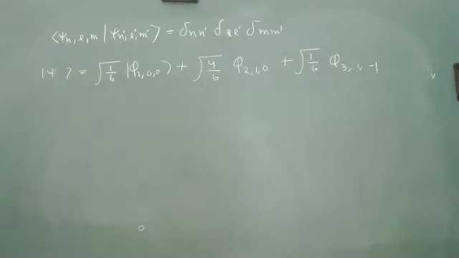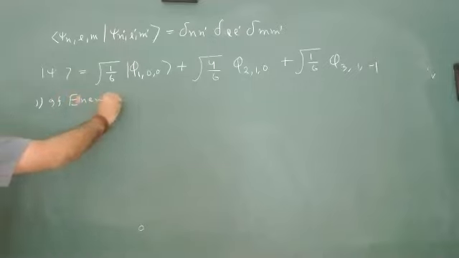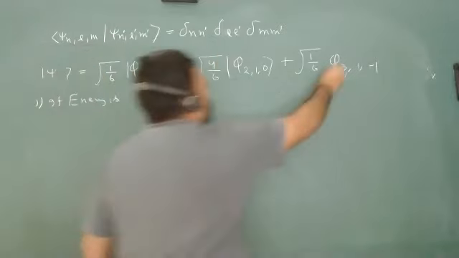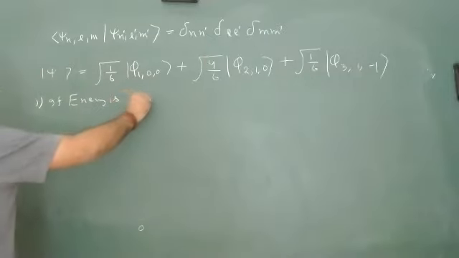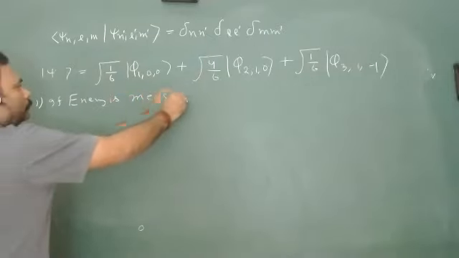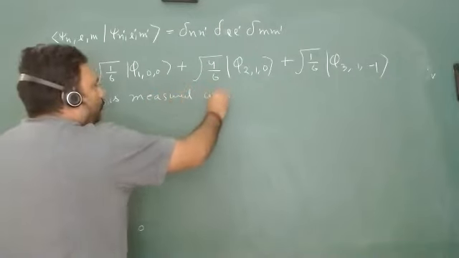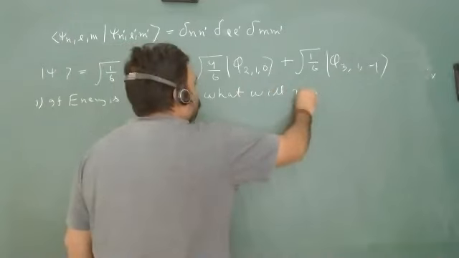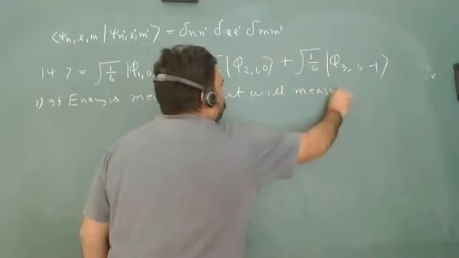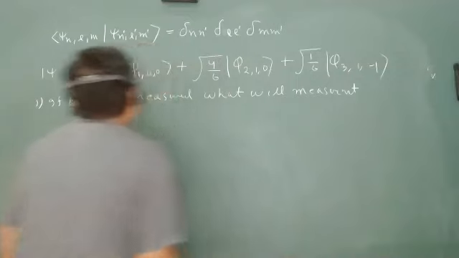Suppose you measure energy. First, if energy is measured, and this will be in the form of a ket, what will be the measurement? With what probability?